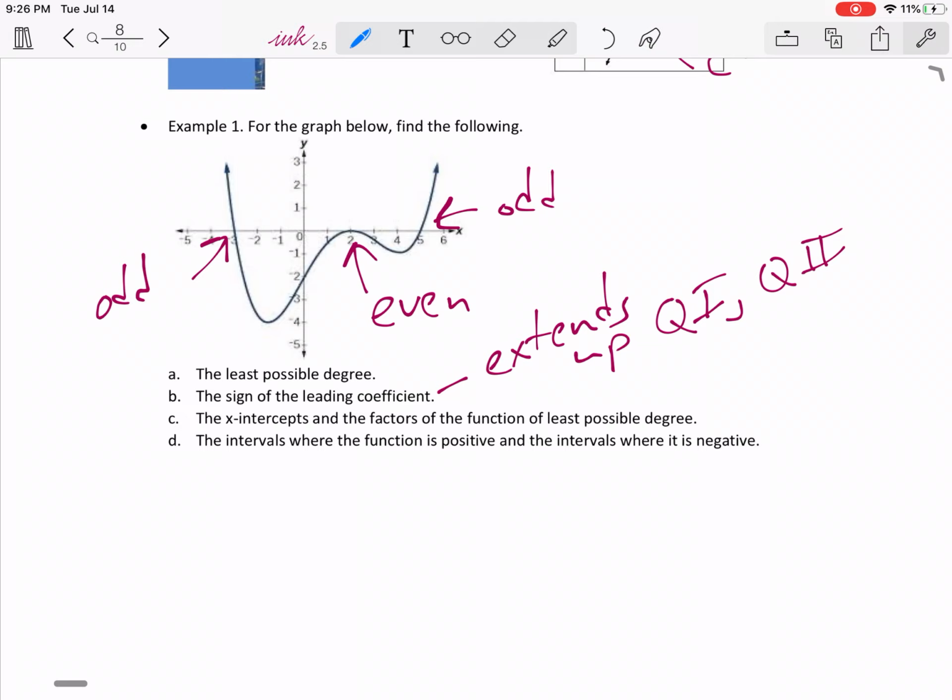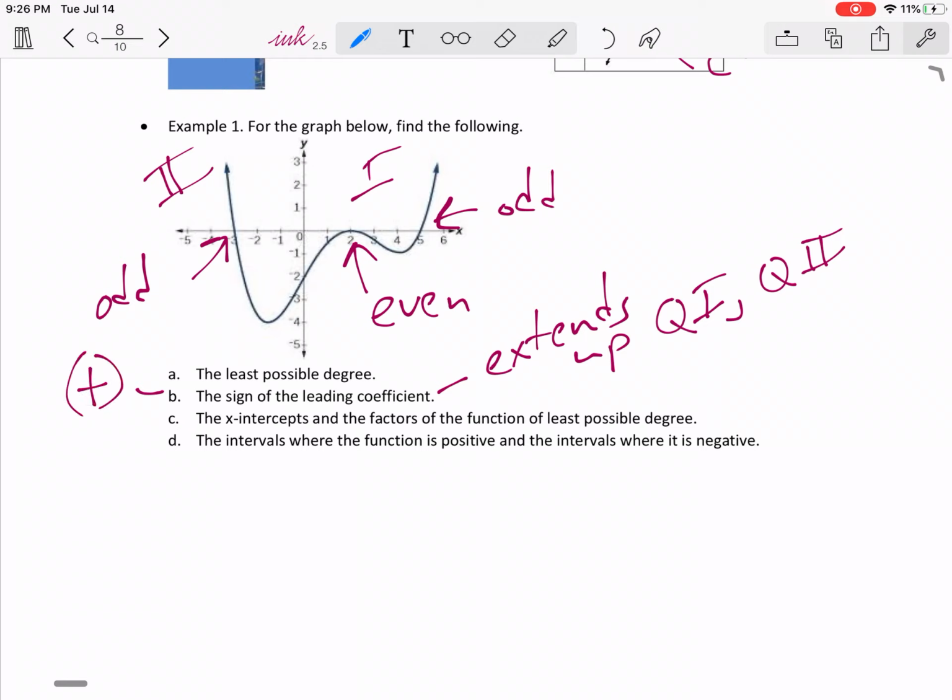So if you think about that, here's 1 and here's 2. What else does something like that? A positive parabola, right? A positive parabola would extend upwards in quadrant 1 and quadrant 2. So the sign of the leading coefficient, in comparison to a parabola, would have to be positive.